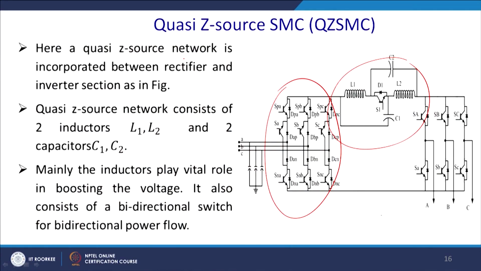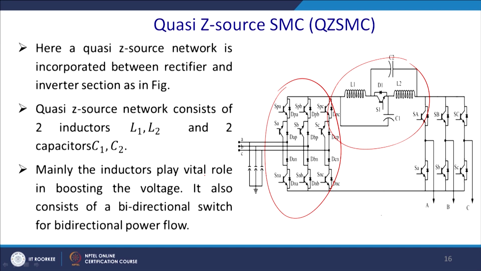Here a quasi Z source network is incorporated between the rectifier and the inverter, as shown in the figure. The quasi Z source network consists of the two inductors L1, L2 and the two capacitors C1, C2. In between there will be a shoot through stage. Mainly the inductor plays a vital role in boosting the voltage.